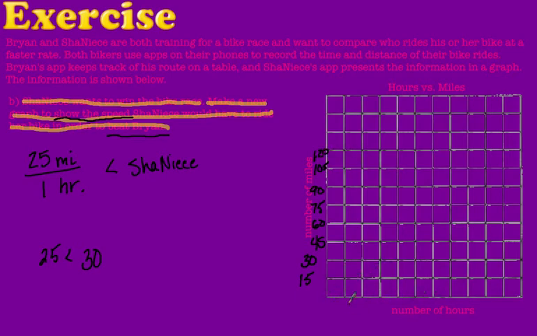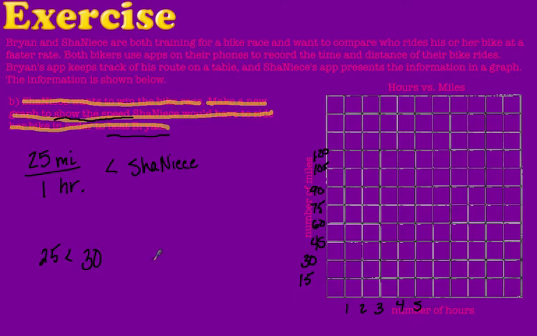And then our number of hours, 1 hour, 2 hours, 3 hours, 4 hours, 5 hours. And we don't have to keep going here because it's following a consistent pattern. But remember, since I didn't skip any going this way, I can't skip any going this way.